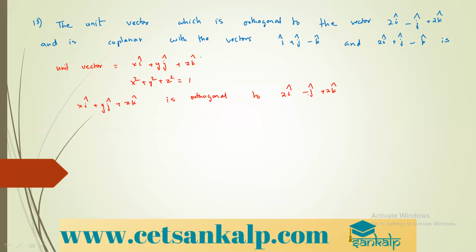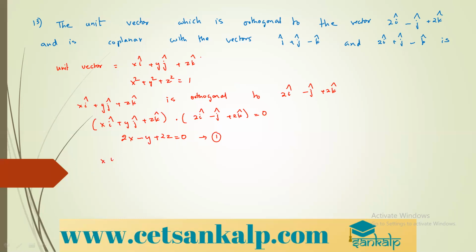That means perpendicular. So if you take the dot product of xi plus yj plus zk dot 2i minus j plus 2k, we get 0. That is 2x minus y plus 2z equal to 0. We got one equation.